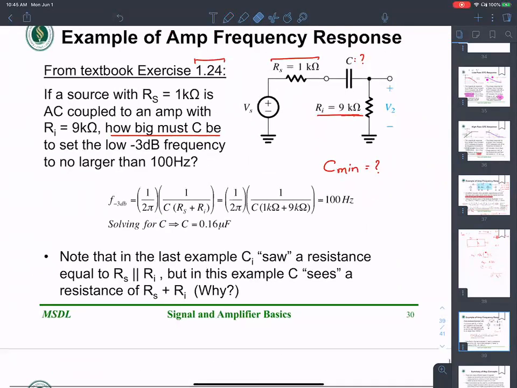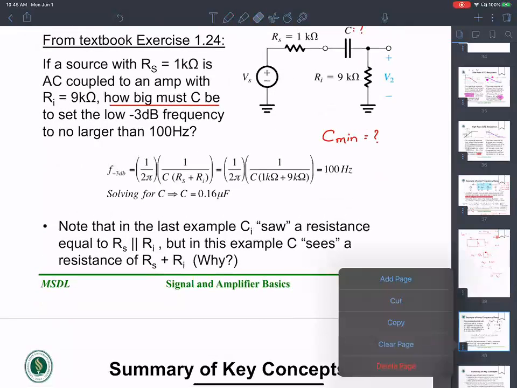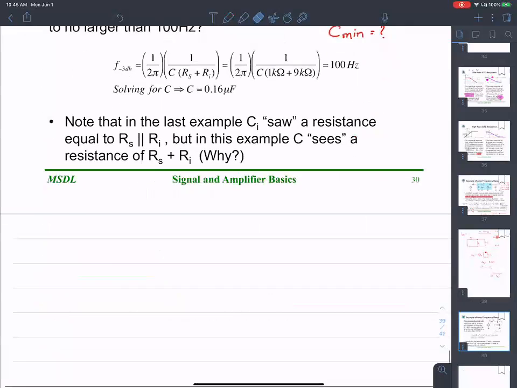Questions, please. Questions so far. So here is the problem. There is a source resistance 1K, which is Rs.